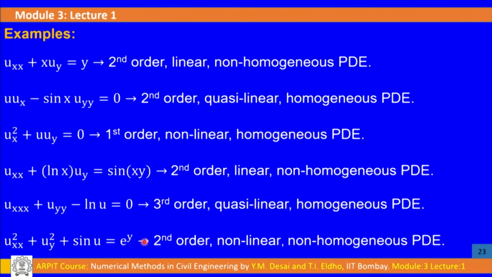Okay, so, I hope you are getting the idea as to how we describe a given differential equation. So, there will be some more practice for you in the assignment, okay. But this classification is very important. This is the starting point on the basis of which we select the appropriate numerical method.